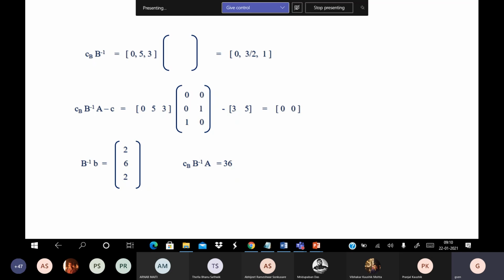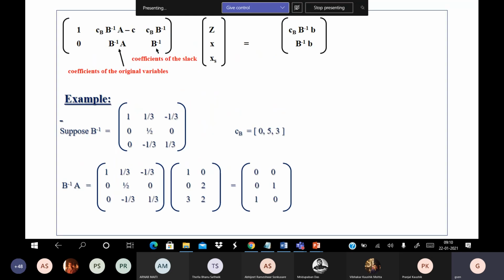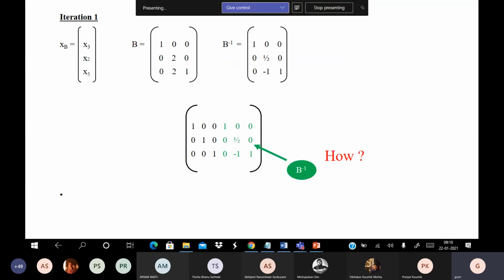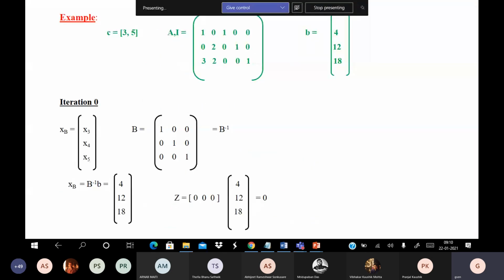Can you work it out on your own with this? What will be the base in the optimal solution? What was the base in the optimal solution?